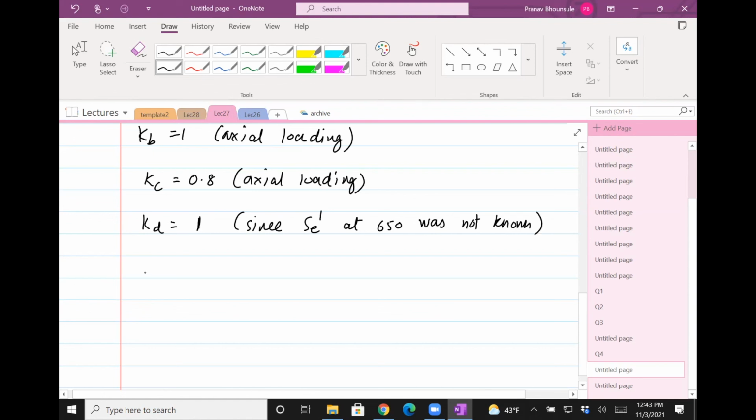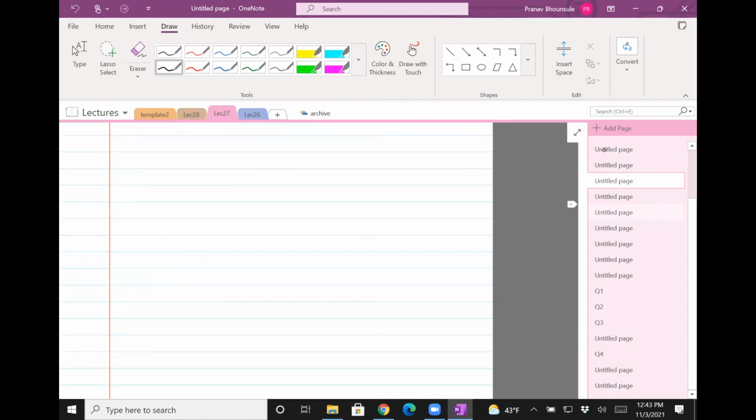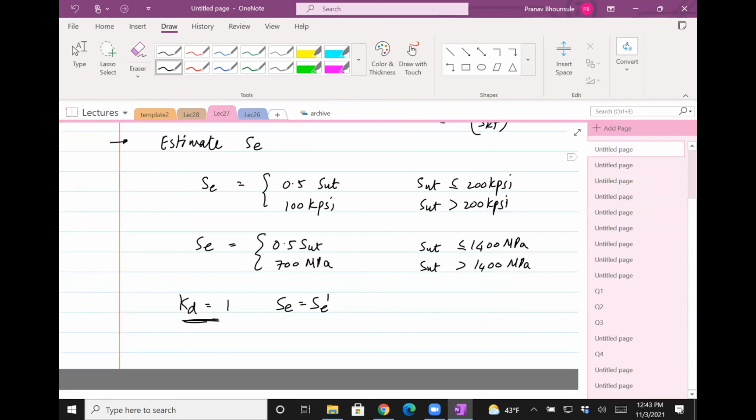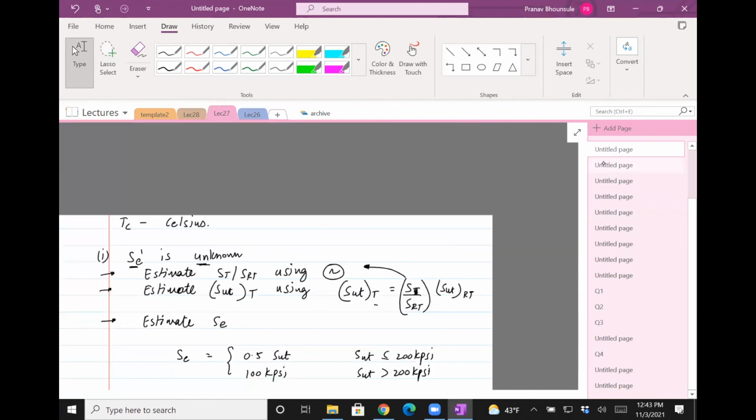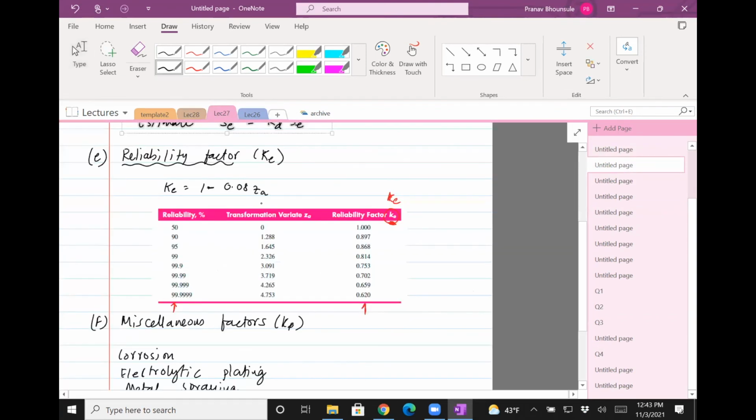Okay, KE. We've never done any problem with KE. Let's look at the formulas for KE. So KE is this formula. However, it depends on the reliability, and I think it is 99% reliability. That's the reliability given for the specimen, and it's in the table.